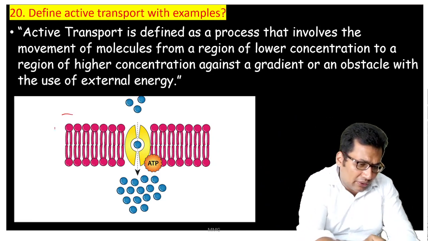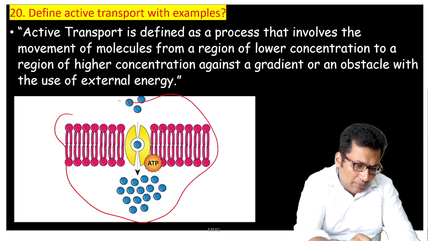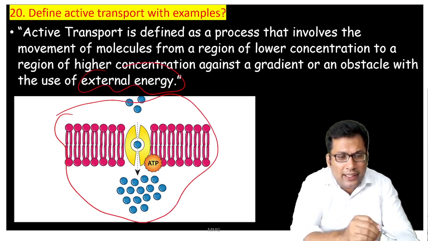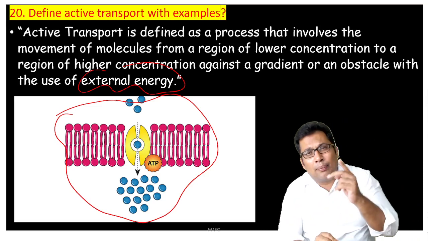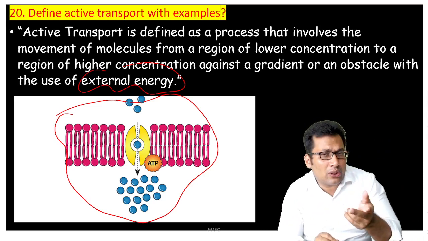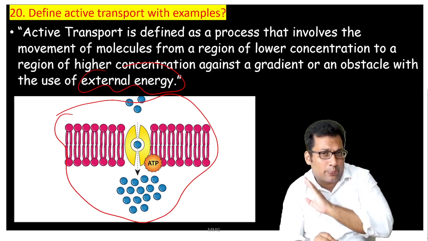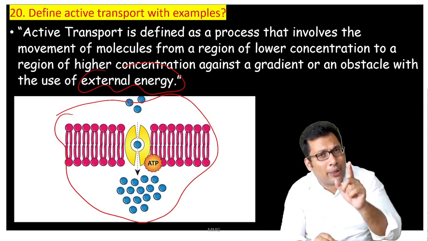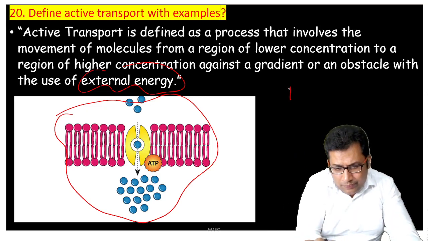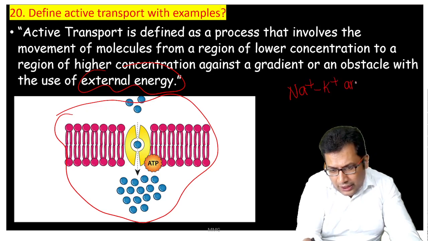You can see here, there are two types: primary active transport and secondary active transport. One example for primary active transport: sodium potassium antiporter.